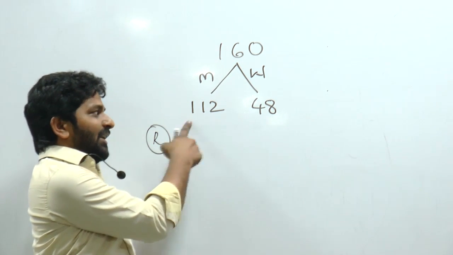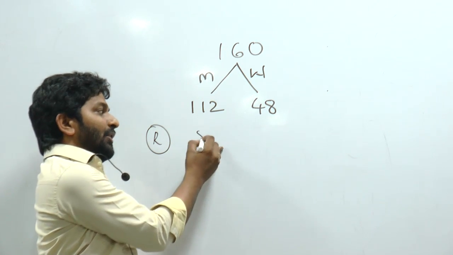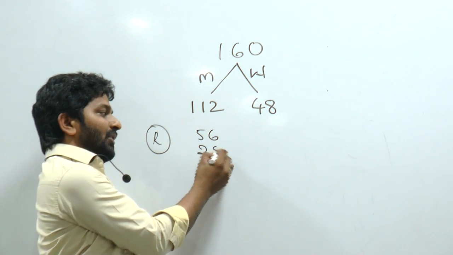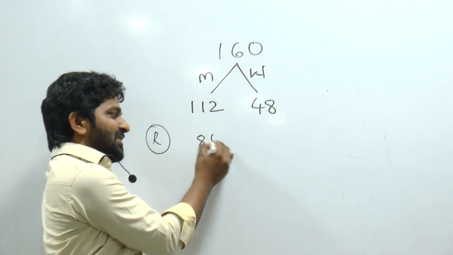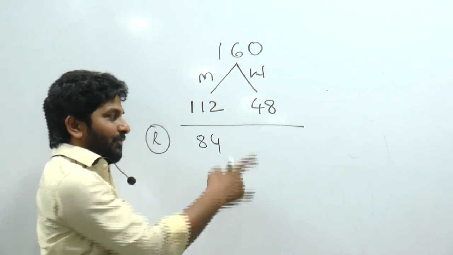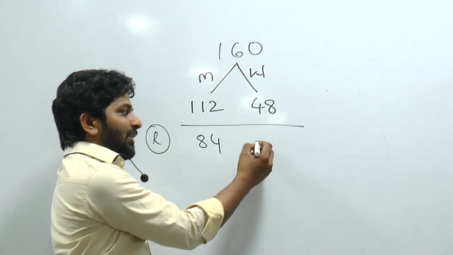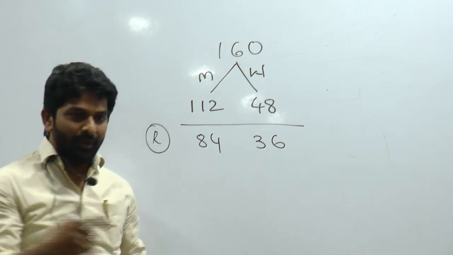Remaining milk will be 75% of this number. Half plus half. Half 56. Again half 28. Total 84. So remaining milk with us is 84 and remaining water is also 75%, which is half plus half. 24 plus 12, 36. Now we have 36 liters of water, 84 liters of pure milk.